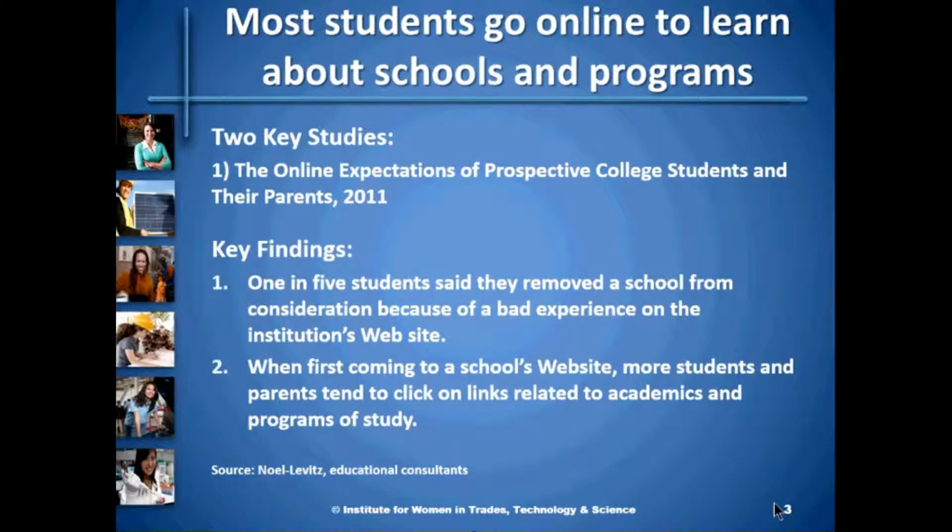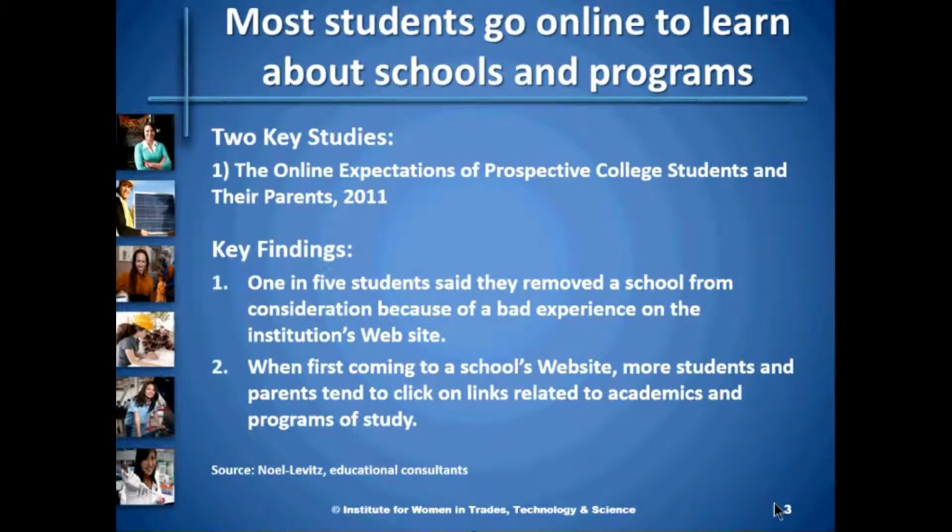critical online marketing is. So this one is from 2011, and it looked at the expectation of prospective college students and their parents. And the key findings were one in five students said they were moved to school from consideration because of a bad experience on that institution's website.